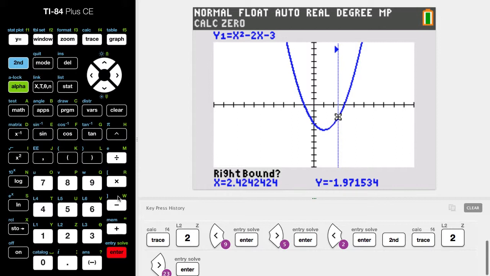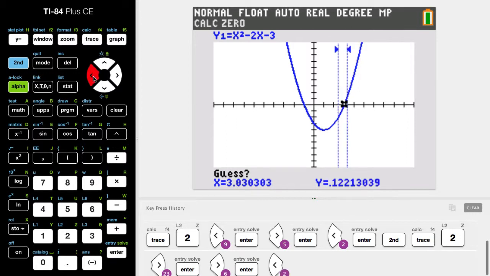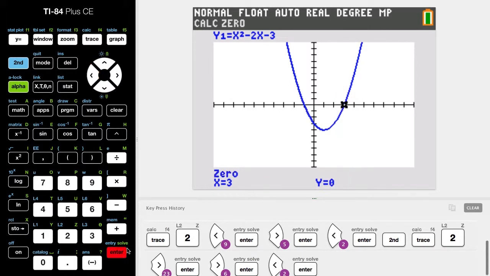Then press the right arrow key until you are just to the right of the 0 and press enter again. Lastly, move the cursor using the arrow keys so that you are very near the 0 and press enter. Our second 0 is x equals 3, and we solved the quadratic equation.